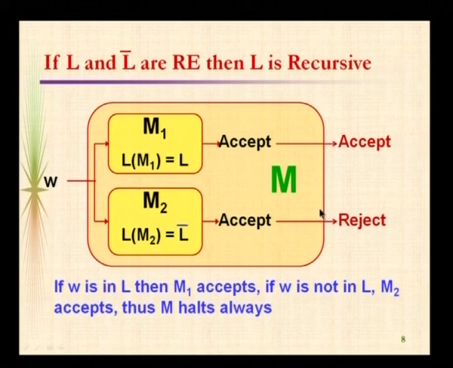So what we understand from here is, if L is a recursively enumerable language and the complement of L is also recursively enumerable, we can conclude that M is going to be a Turing machine which has both outputs, the accept as well as reject.